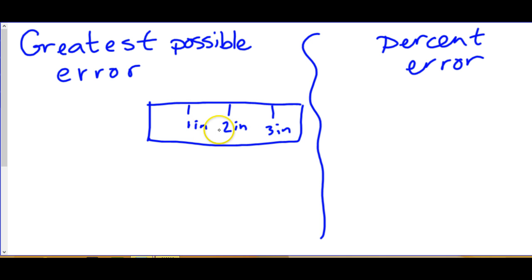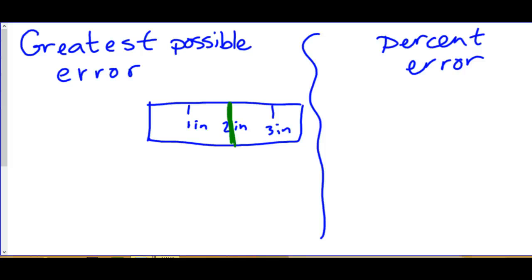So if we're just measuring to the nearest inch, so let's say I'm trying to measure 2 inches. The greatest possible error is how close to 2 you can get so that when you round, it would round to 2.